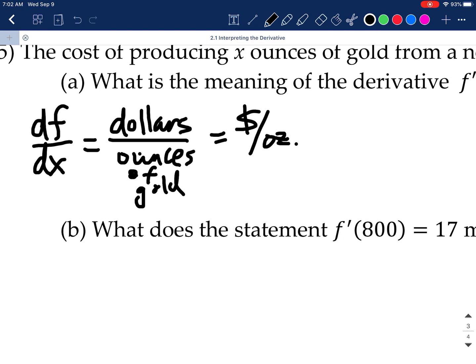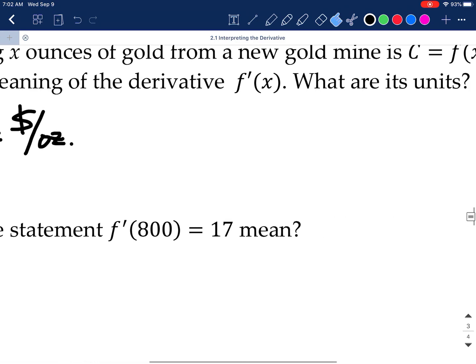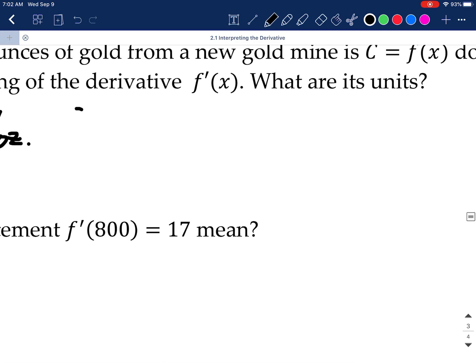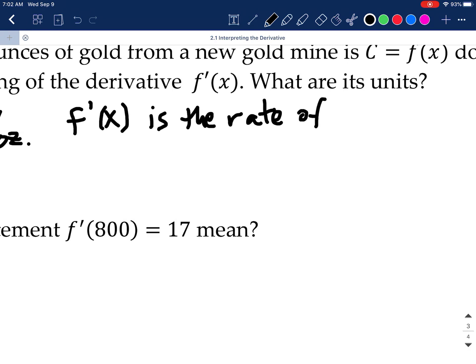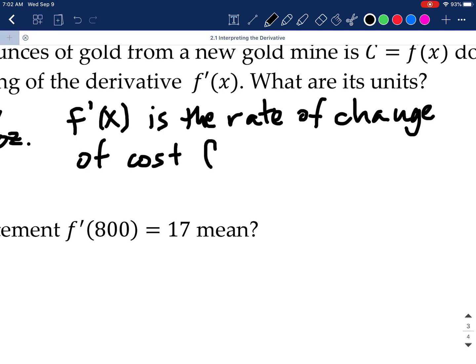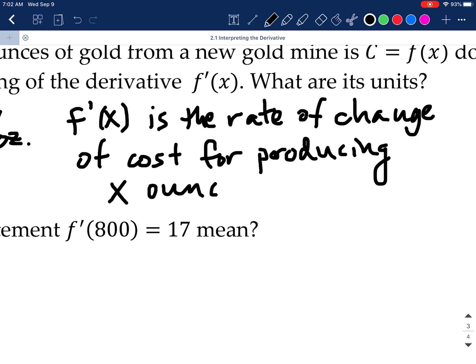So, okay, we can put that in words. So f prime of x is the rate of change of the cost for producing x ounces of gold.